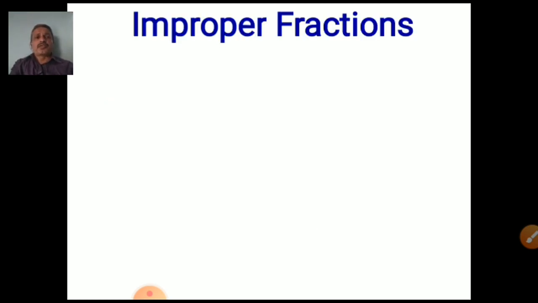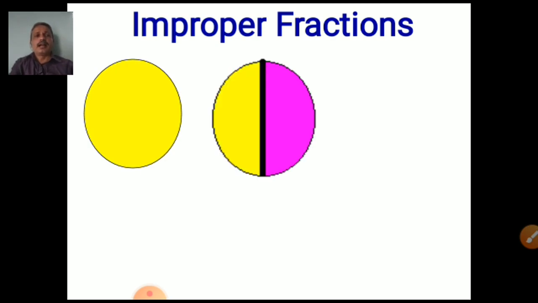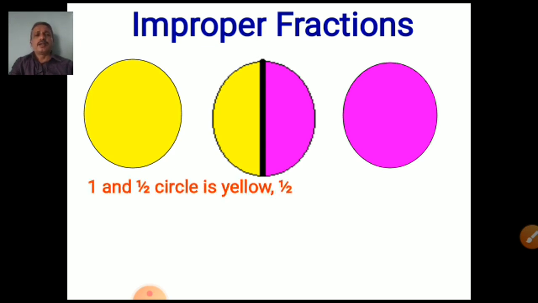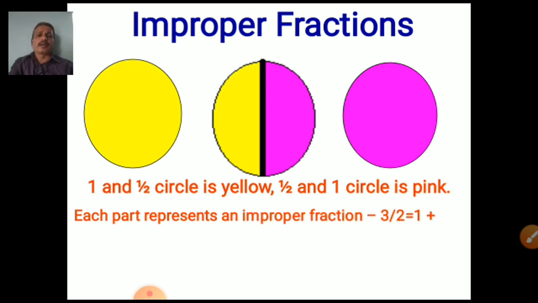Regarding improper fractions, let's get the idea of how to represent them. This is 1 and a half circle that is yellow and 1 and a half circle that is pink. Each part represents an improper fraction. So suppose 3 upon 2. How many parts are there in total, student? 3 upon 2, or you can say 1 whole part and half of another one.